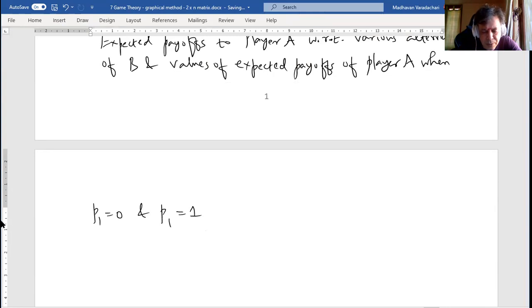So it will be easier if we substitute that to draw lines on a graph. So we are going to calculate these expected payoffs and values of the expected payoff.